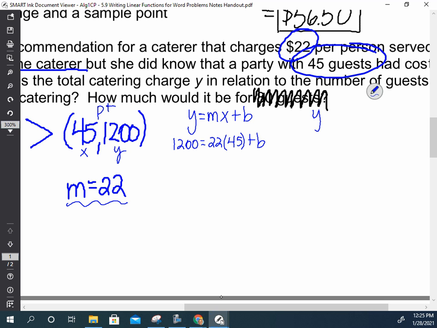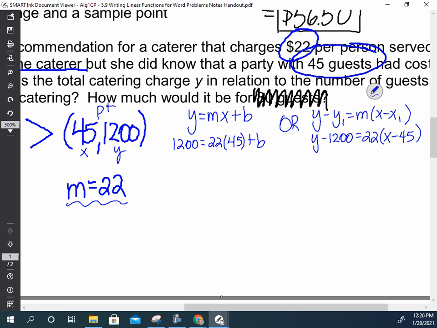Or you can use point slope form: y minus 1200 equals 22, x minus 45. You can now pick which formula you use. You get to pick which one you use now. So I'm going to solve it both ways so that you can see that it'll work.